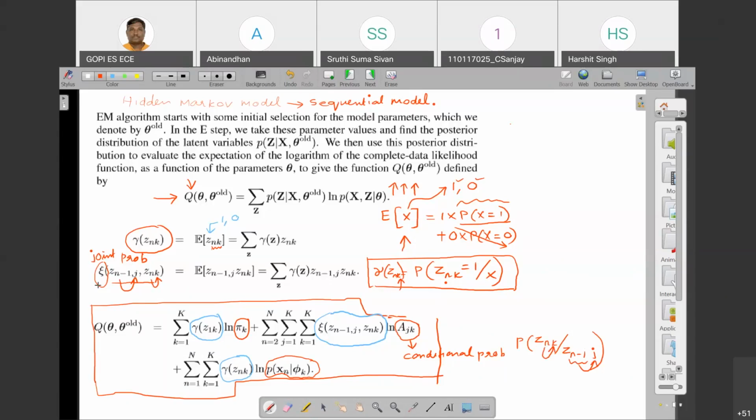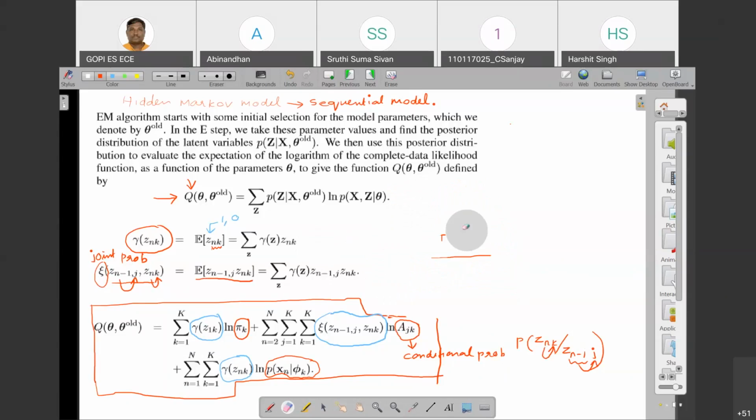But when it comes to that zeta, we are writing this as the expectation here. The same argument: as the elements take either the value 1 or 0, the expectation actually gives you the probability itself. This expectation gives you the probability itself.